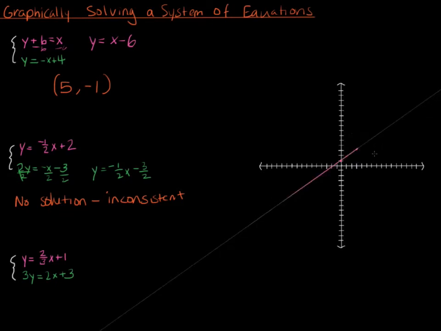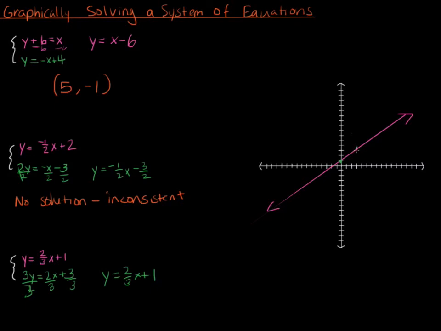Okay, so it's right about there. And then if we look at this line, we need to solve for y first, so let's divide everything by 3. So we get y equals 2/3 x plus 1. Okay, so that's 1. And then we go up 2 over 3.